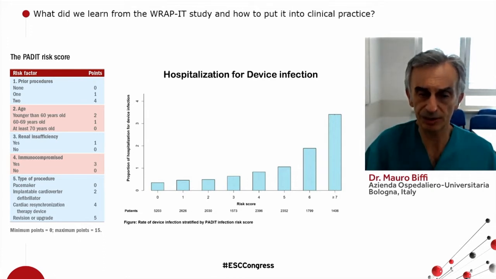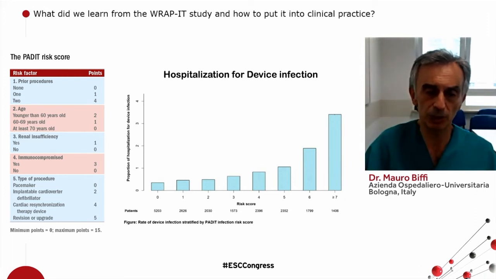For instance, a theoretical approach would be to use the risk score generated by the PADIT trial and try it in the ROPID trial population. The PADIT trial identified risk factors already well known in the literature to portend infection, just like the complexity of the procedure, the complexity of the device, here you see, or the clinical status of the patient, immunocompromised or not, or the number of previous pocket entries greater than 2 being the harbinger of a very poor outcome.